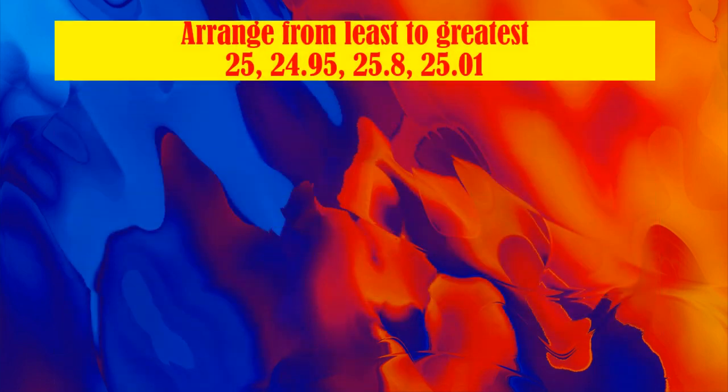Now, arrange from least to greatest. We have 25, 24.95, 25.8, 25.01. So the first thing that we need to do is to align the decimal point.